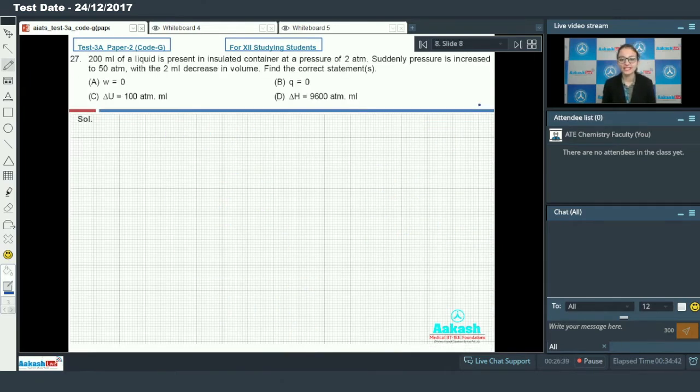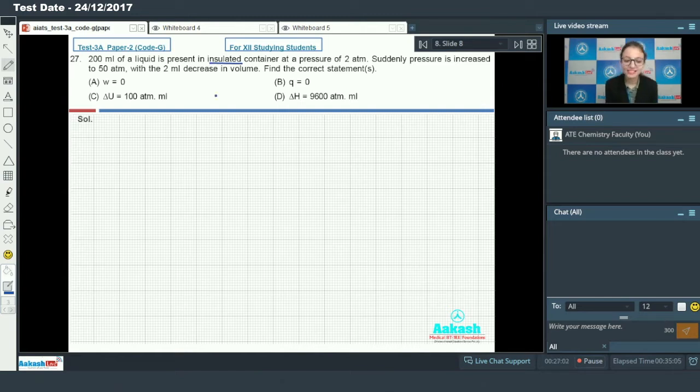Next, question number 27. 200 ml of a liquid is present in insulated container at pressure of 2 atm. Suddenly pressure is increased to 50 atm with a 2 ml decrease in volume. Find the correct statement.